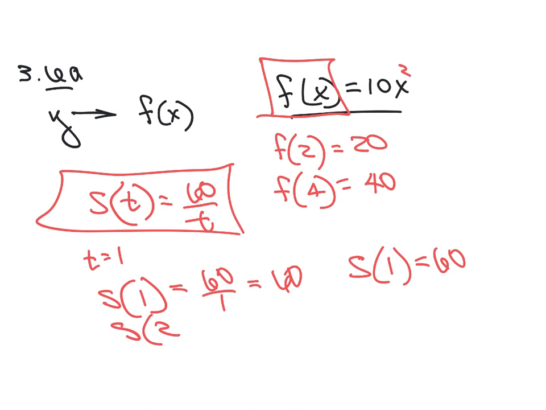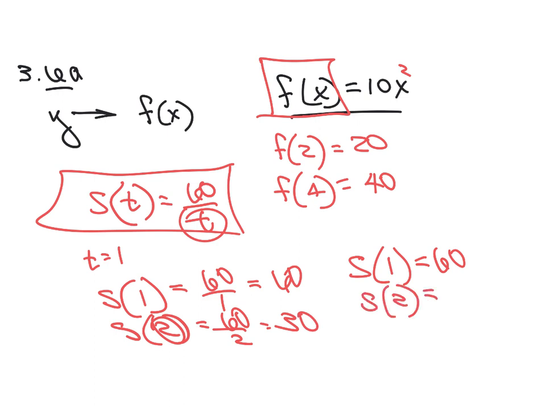s of 2 equals 60 over whatever value we have here, because see, it's a t here. I'm going to put it over 2, equals 30. So therefore, s of 2 equals 30. So the function of 2, when I put it in this equation, I'm going to get 30.